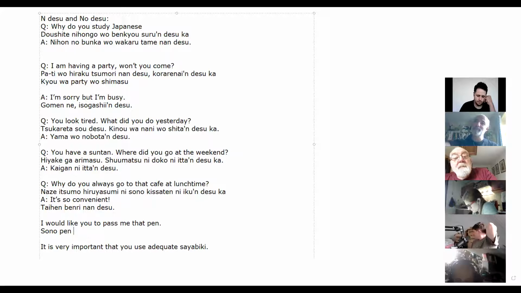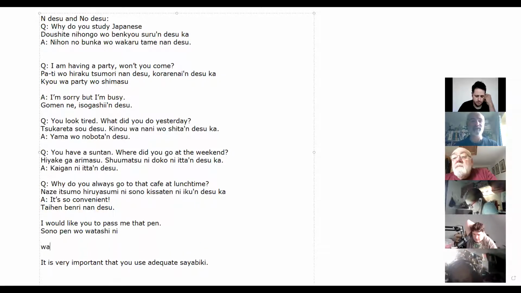You're going to do something to it, so o. Watashi ni. What's pass? This is going to confuse the sentence. It's watasu, to pass something. So I'm just going to remove watashi ni, because otherwise you've got lots of watashis in the sentence.